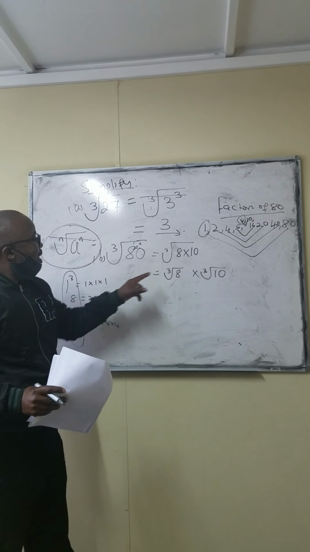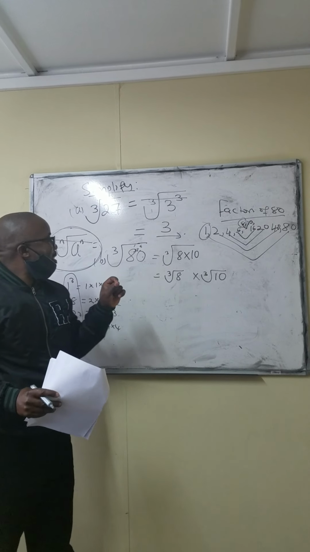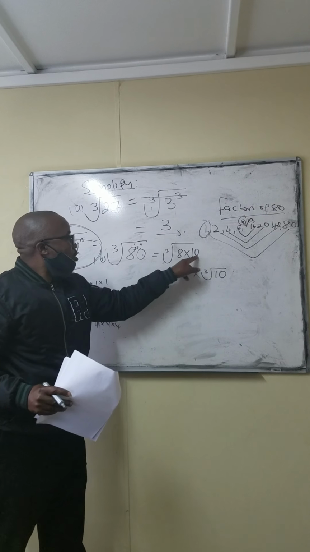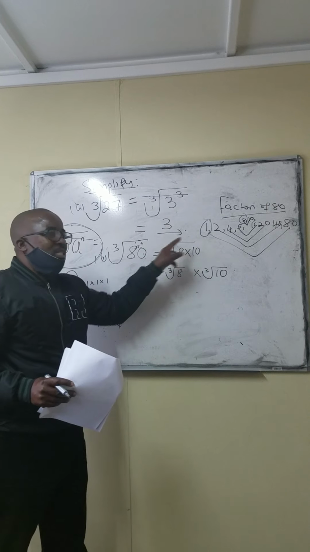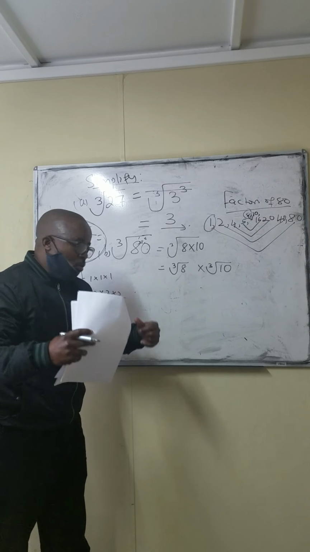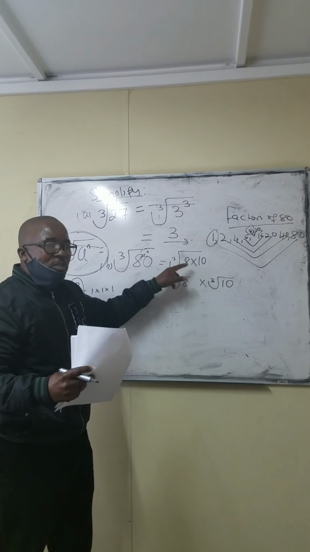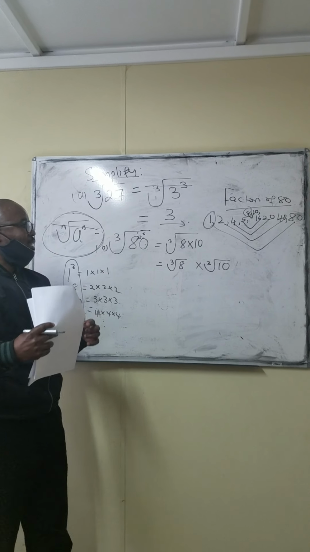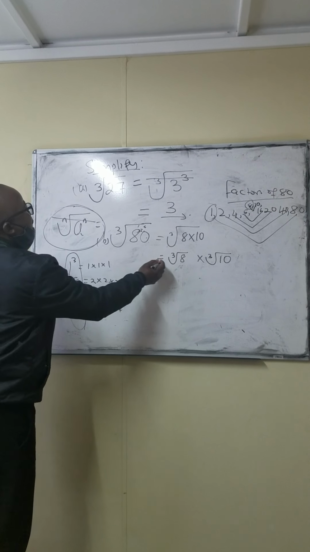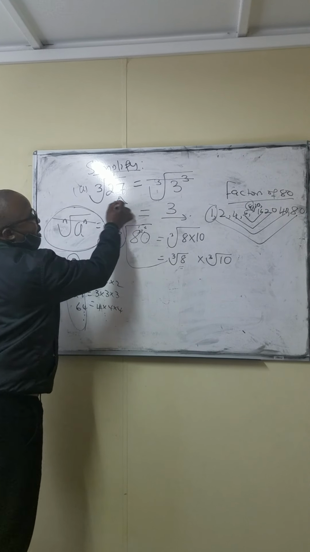Remember, we said you can separate these. As long as it's a product or a quotient, you can separate those numbers using different radicals. So this is acceptable.